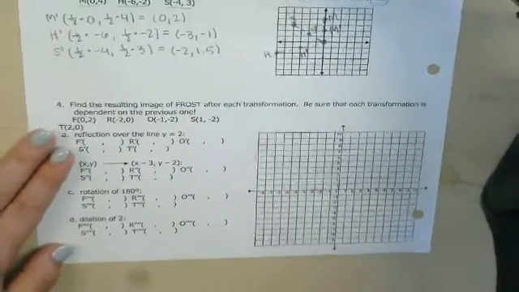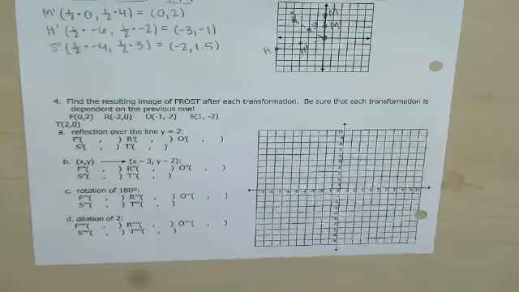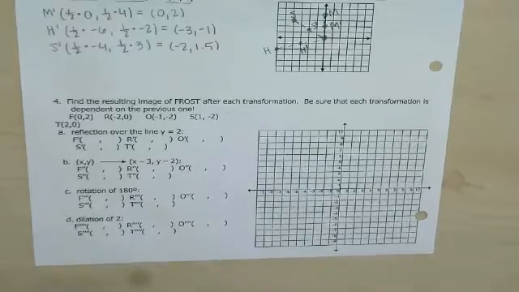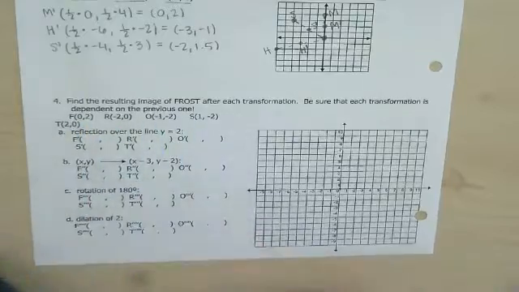All right. Okay, in this last problem, it says find the resulting image of FROST after each transformation. Be sure that each transformation is dependent on the previous one. So you got to have your answer to A, and then you use that one for B, and so on. Okay. All right, so first I'm going to just go ahead and plot these original points.